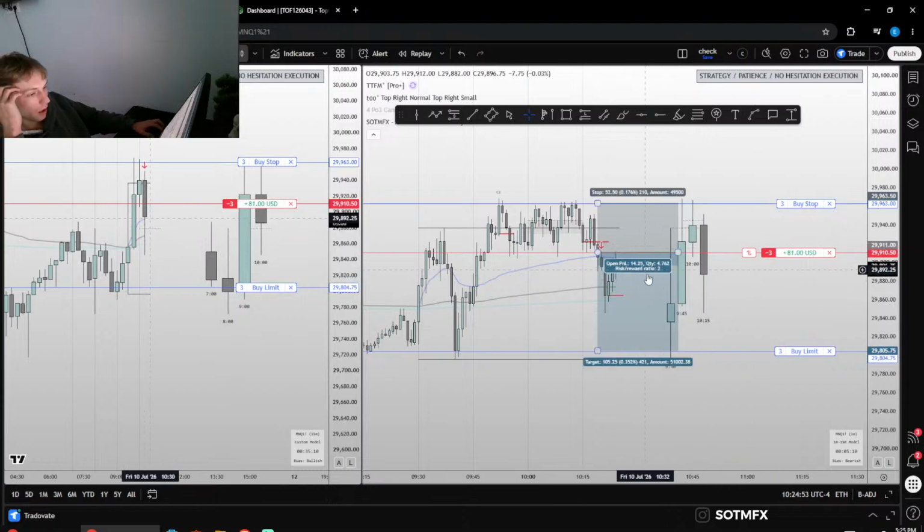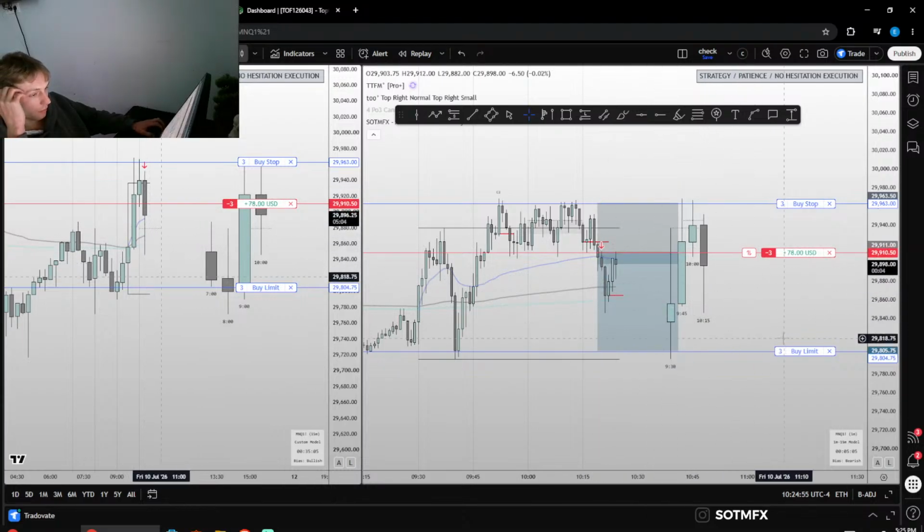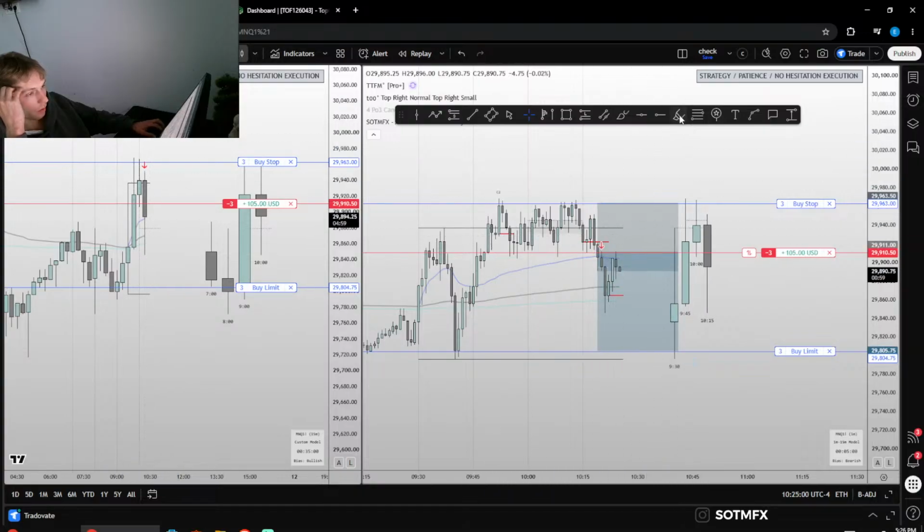Now, we had CISD to the downside. We have one more protected high, which is here. Let's see if price creates one here.